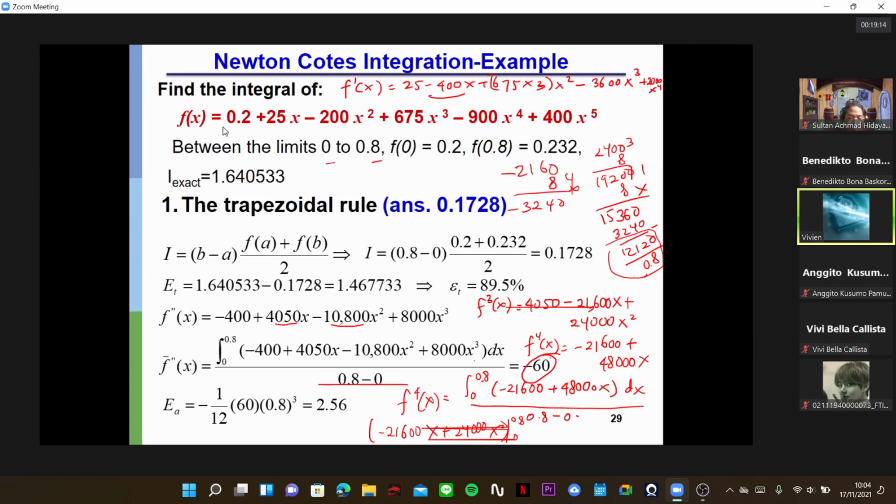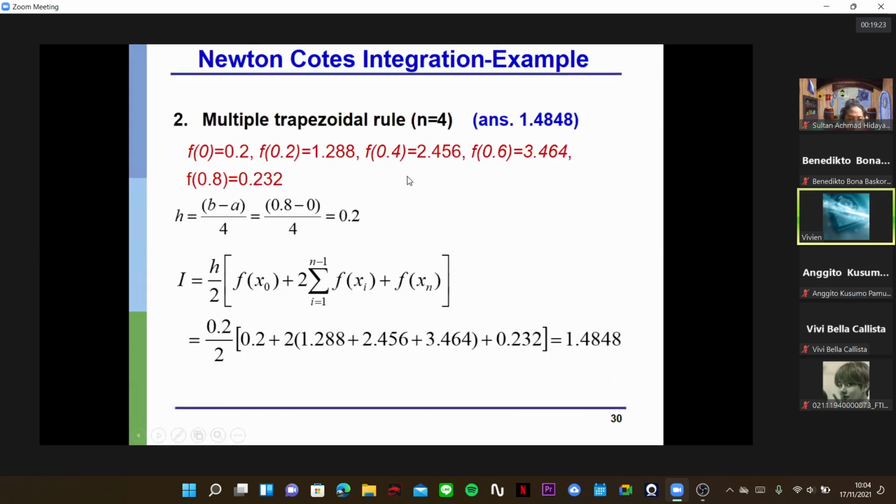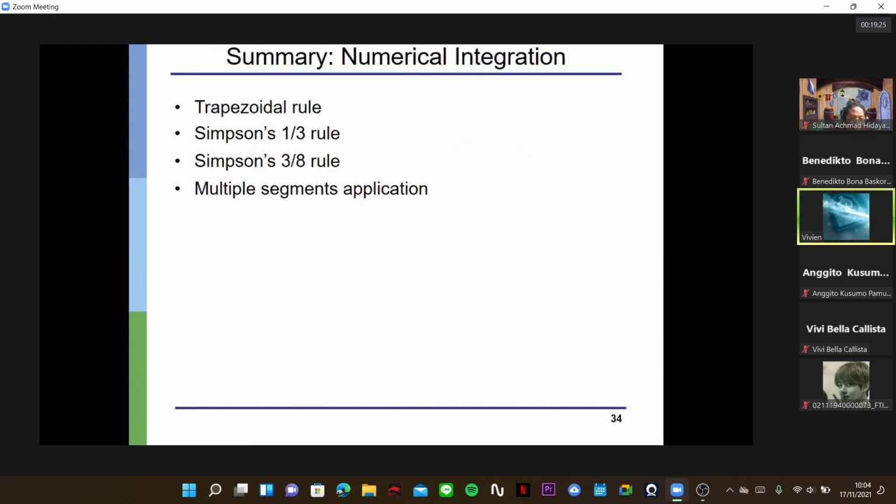If there is no question, I will continue to another method of integration. This method is based on the previous methods that we have learned. In summary, from the videos we have basically three methods. The first is the trapezoidal rule, in which we approximate the area underneath the curve with a trapezium shape.